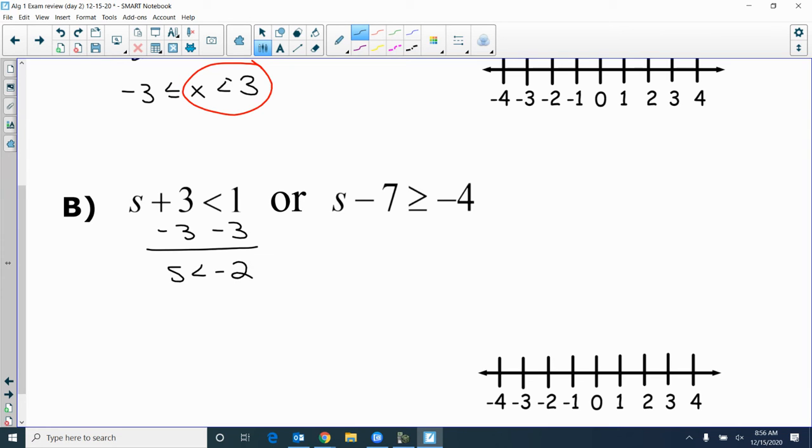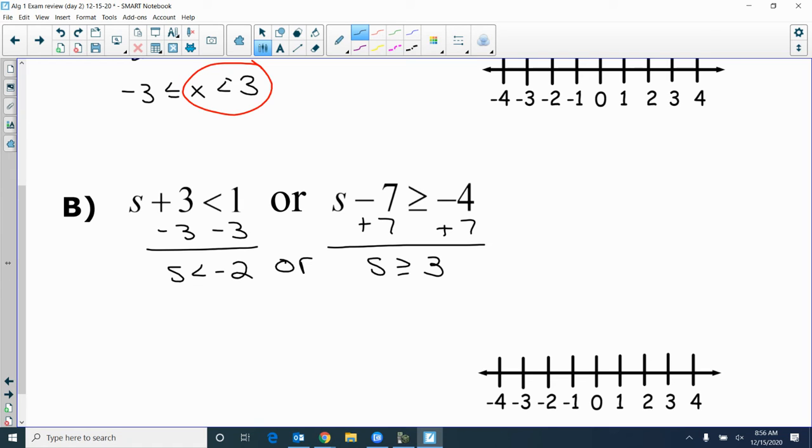I get S is less than -2. And now on the other one, you add 7. And I get S is greater than or equal to +3. Or, okay. So you want to kind of treat these as both, you need both answers.